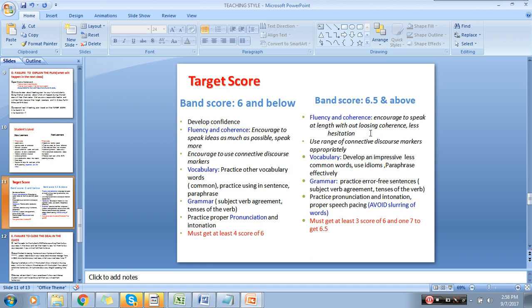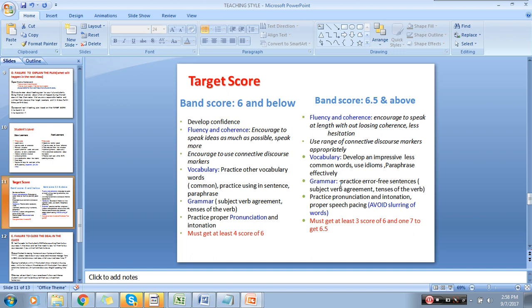at length without losing coherence and with less hesitation. Use a range of connective discourse markers appropriately. Vocabulary: develop impressive, less common words. They may use idioms and paraphrase effectively.